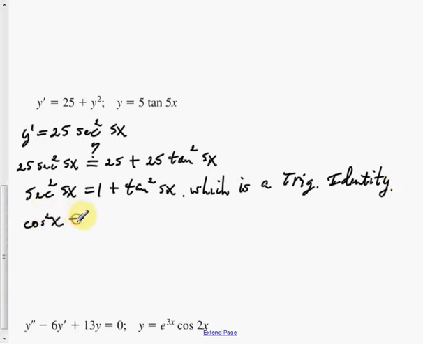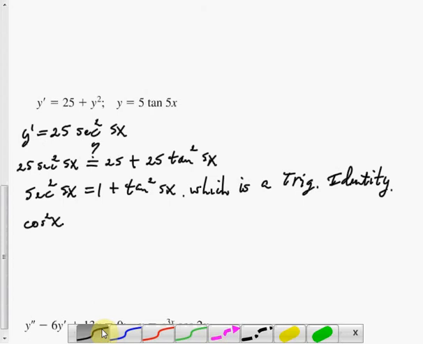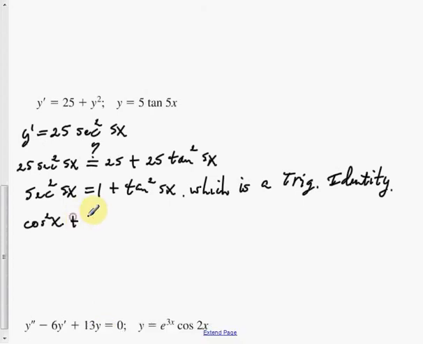Now, you recall that cosine square x plus sine square x is equal to 1.